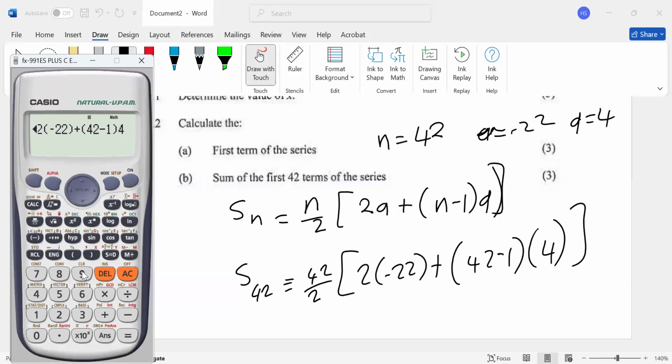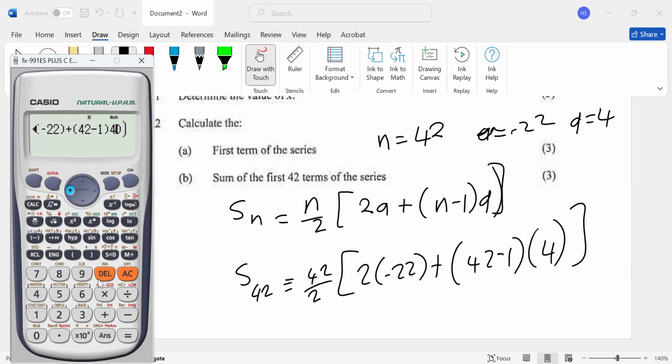Close the bracket. Equals to, mistake. I need to close the bracket again. You need to multiply. Where did I go wrong?